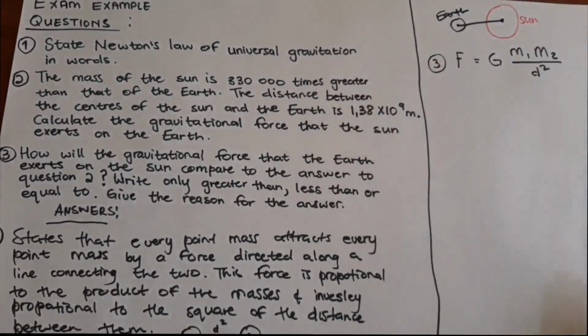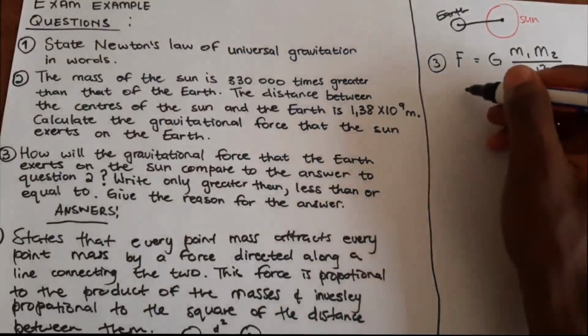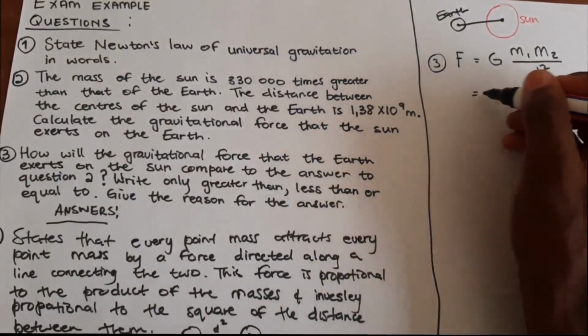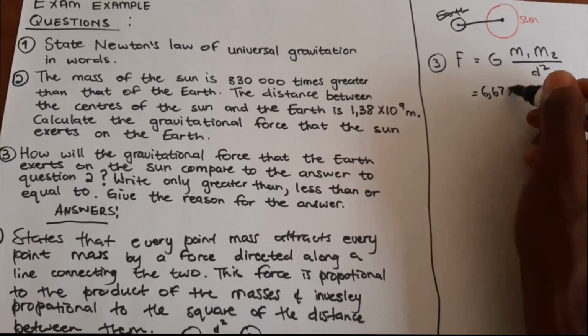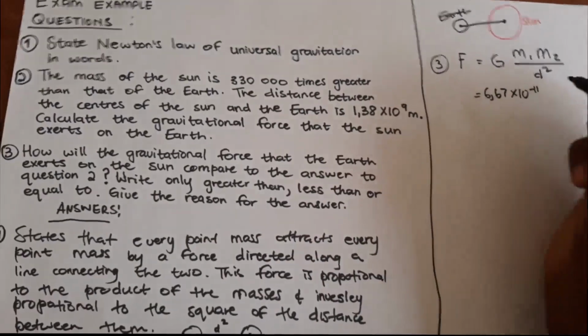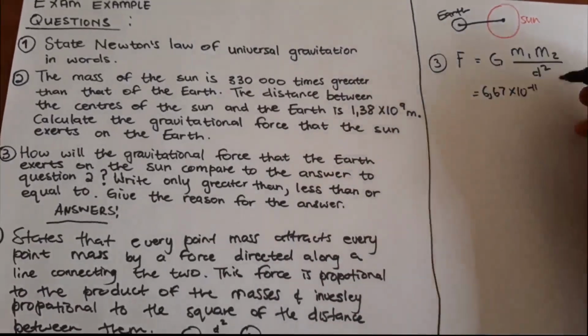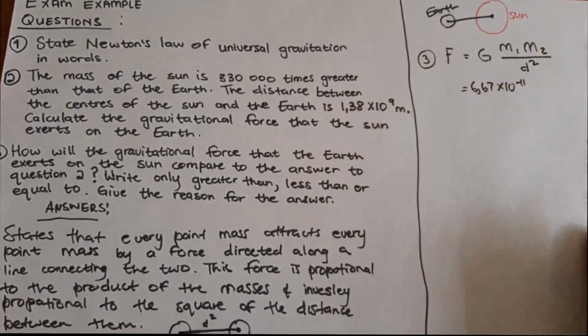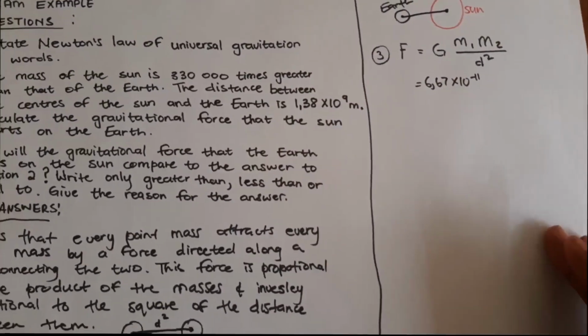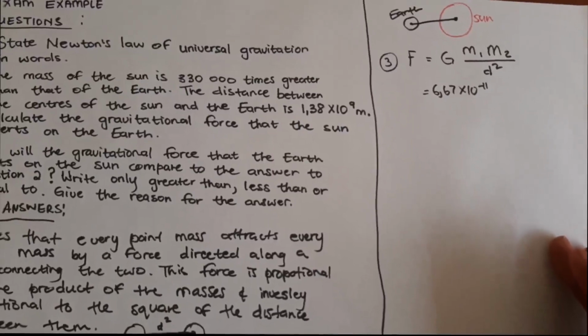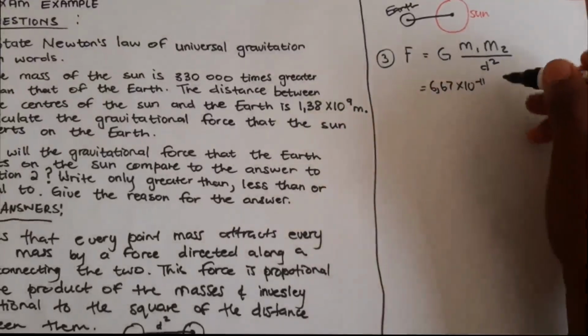Okay, so let's calculate and solve a problem. Our force will be equal to 6.67 multiplied by 10 to the power of negative 11, our gravitational constant. What's the mass one? The mass one must be the earth. So M1 must be the earth.